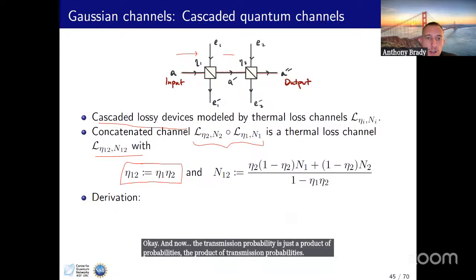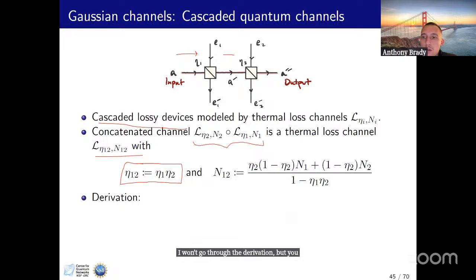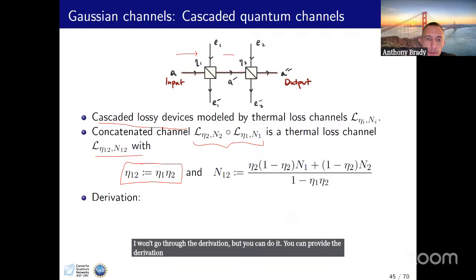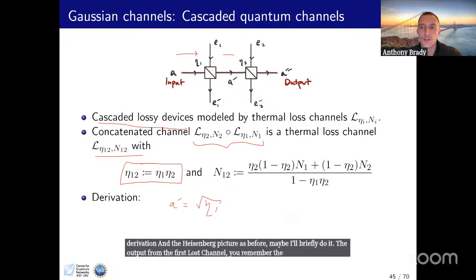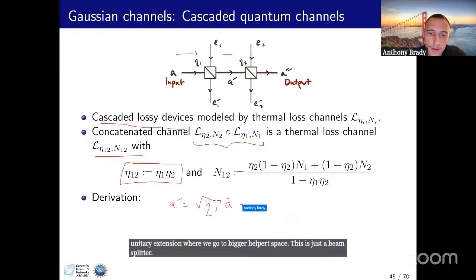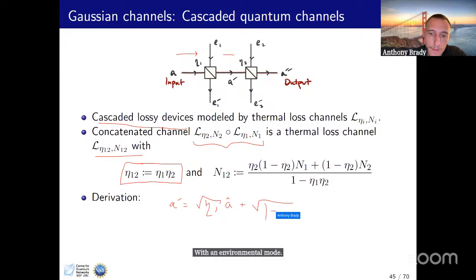I won't go through the derivation, but you can do it in the Heisenberg picture as before. Maybe I'll briefly do it. The output from the first loss channel, you remember the unitary extension, where we go to a bigger Hilbert space. This is just a beam splitter with an environmental mode that's populated in a thermal state, E1. Okay. And then you send that through another one with eta 2 and E2.